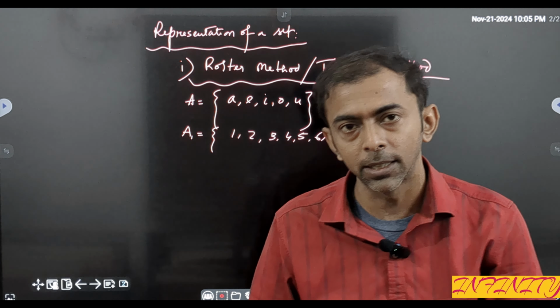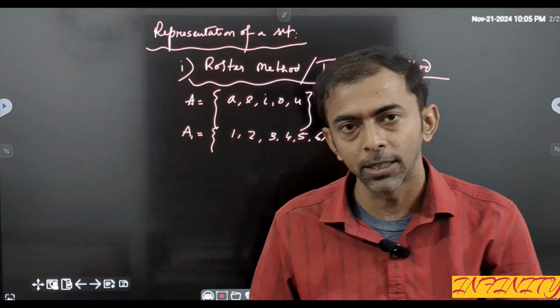Now, what about the property method or set builder method? In the property method, you are just using one property here. Look, B is a set.